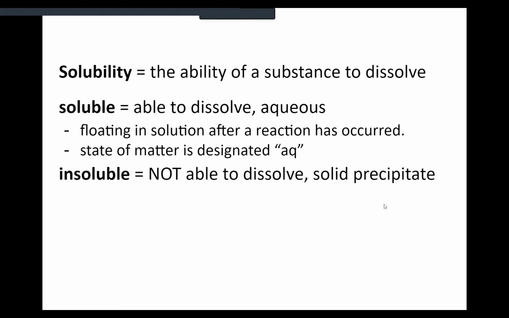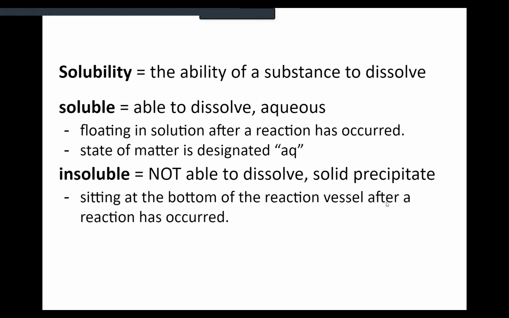Insoluble, in meaning the negative prefix, the opposite of what comes after it. Not able to dissolve. This is the solid precipitate. This would be the thing sitting at the bottom of a reaction vessel after the reaction has occurred. And we give it the state of matter designation S, meaning it's solid.